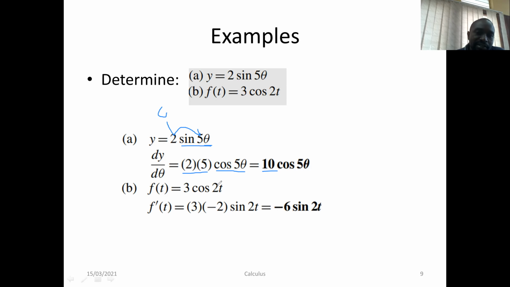To find the derivative, first of all, move that constant, 2, multiplied by that coefficient, 3, and that is what you have here. You're going to get a 6. Then the derivative of a cos is minus sine, that's a minus you're seeing here, and then you simply write the 2t there. Therefore, the final answer simply becomes minus 6 sine 2t as the derivative of 3 cos 2t.